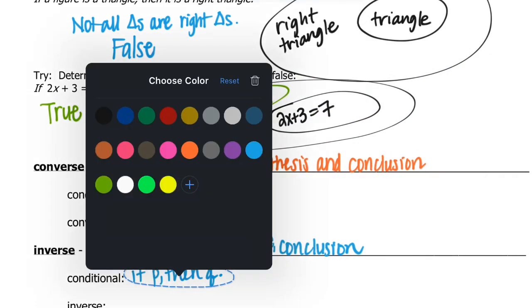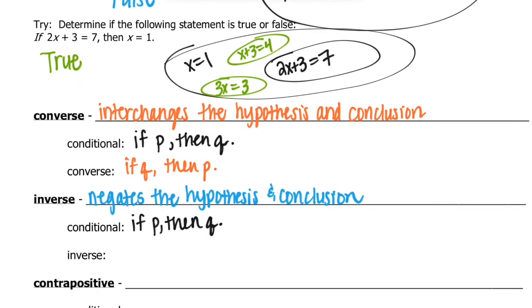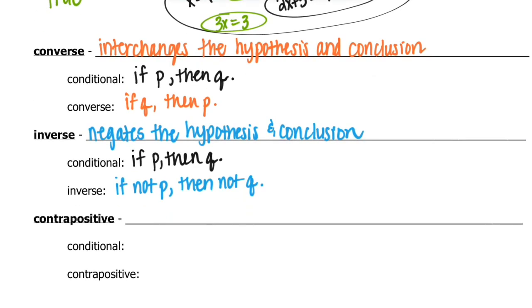And then the conditional is going to be black. And then here I'm going to make that conditional the same thing, black. Because you might have to go back to it and go, okay, what, all these P's and Q's. So the conditional is always going to be if P, then Q. And the inverse is going to negate the hypothesis and negate the conclusion. So we end up with if not P, then not Q.